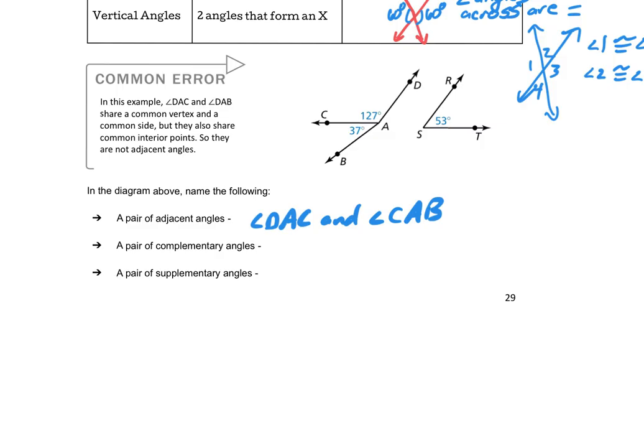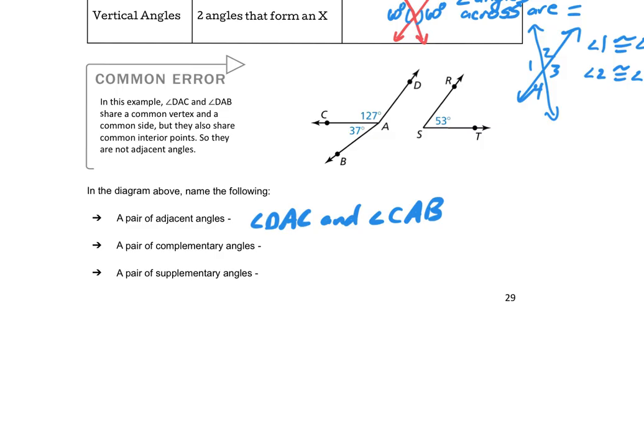What would be some names for this angle right here, based off what we did yesterday? It is acute, okay? But when we talk about naming it, we're talking about naming it with its points. When we named angles, what would be one way I could name this angle here? RST. RST would be good. What else? TSR would work.